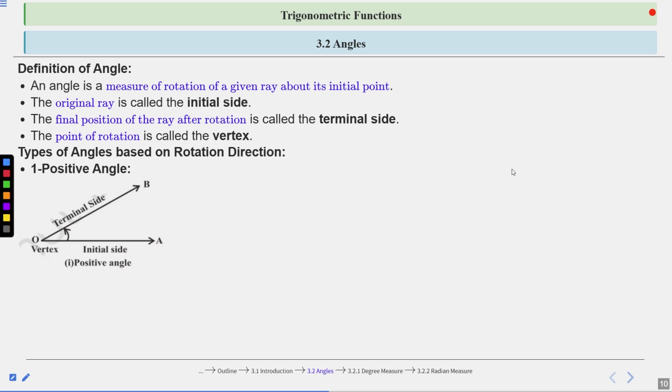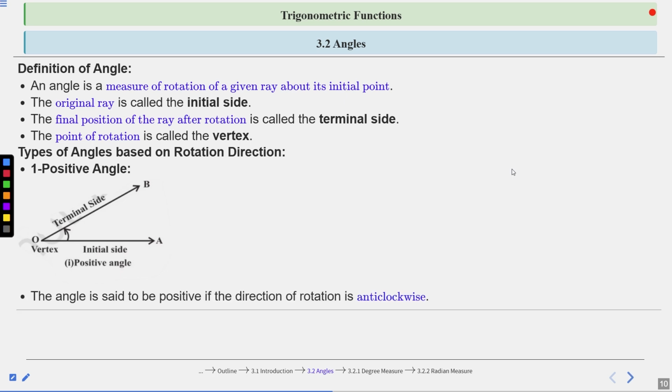The opposite movement to the needle of your clock is simply the anti-clockwise direction. So the angle is said to be positive if the direction of rotation is anti-clockwise. Simple. So if your rotation is anti-clockwise, you will say that your angle is simply a positive angle. Clear?